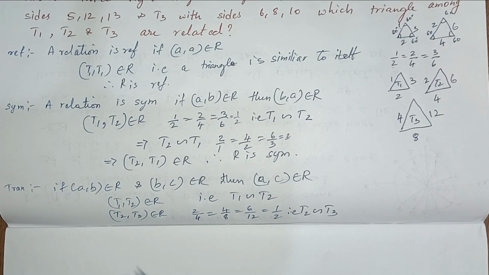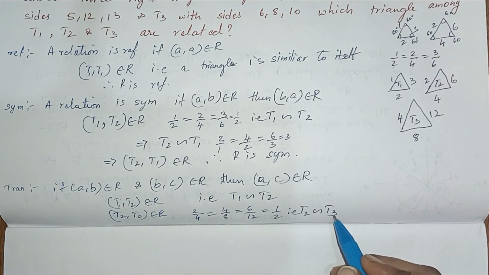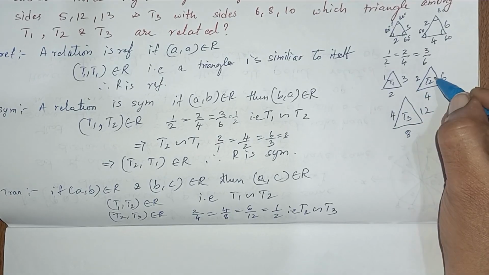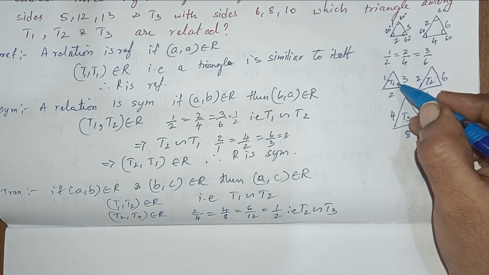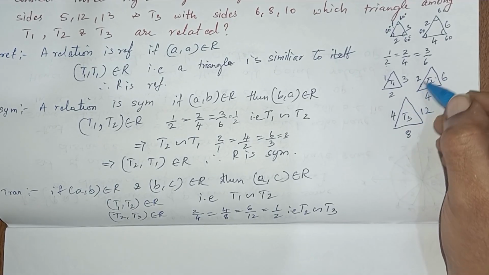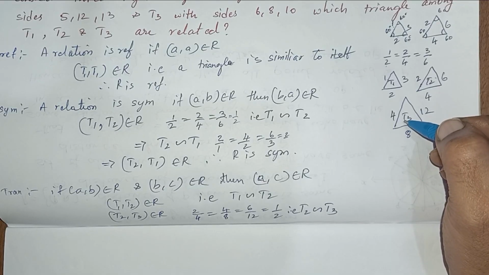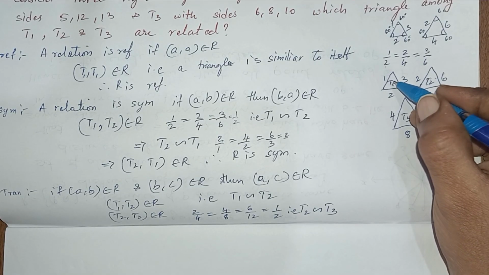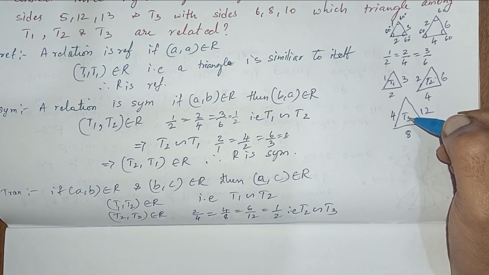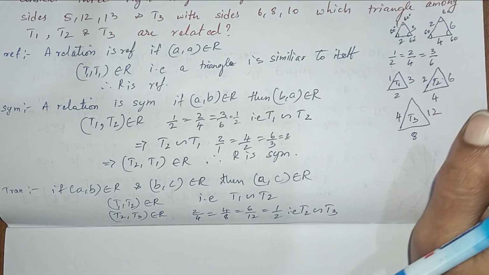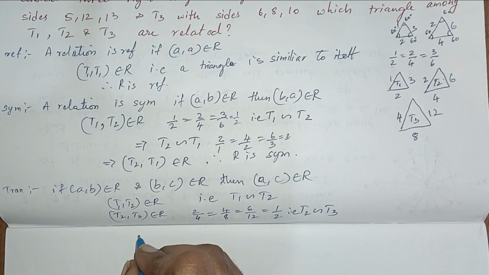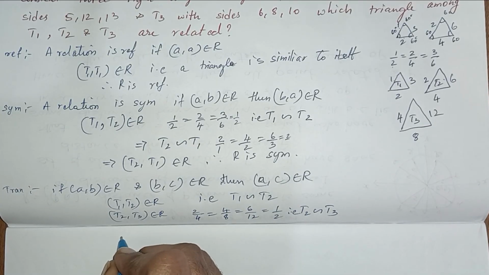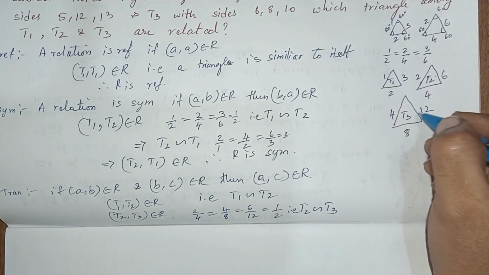Now we have to check for T1 comma T3. We have seen T1 is similar to T2 with the ratio of 1 by 2, and T2 is similar to T3, which is also in the ratio of 1 by 2. Now we have to check whether T1 and T3 are in the ratio or not.